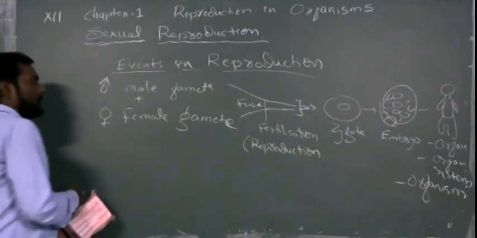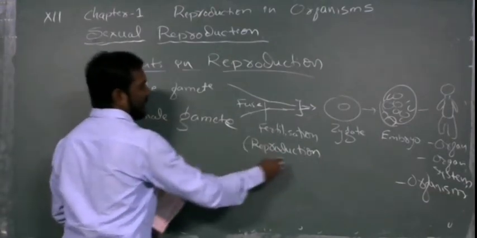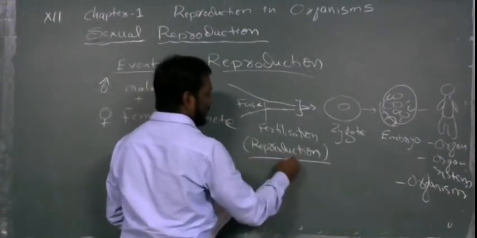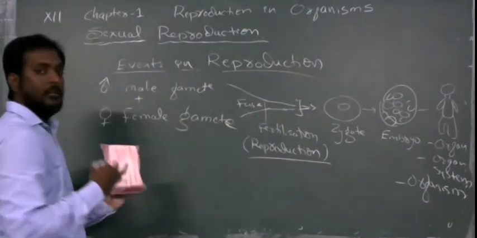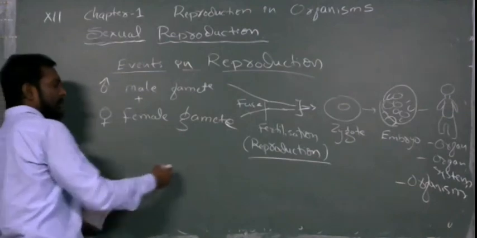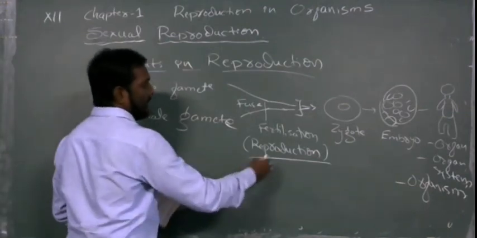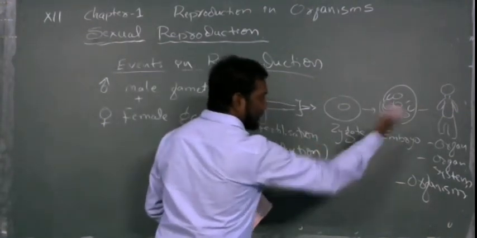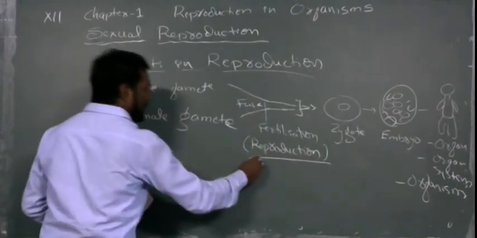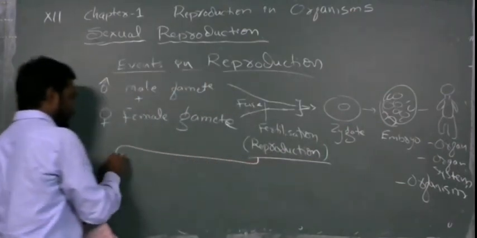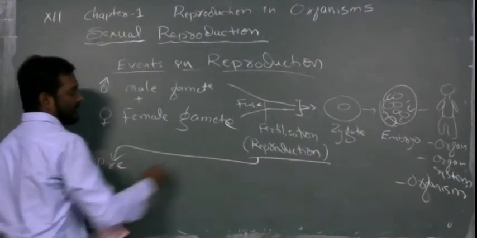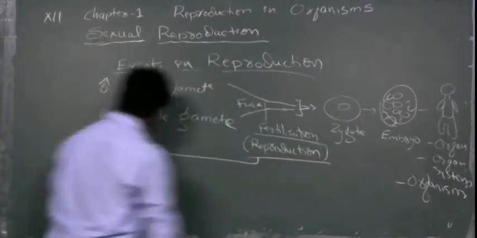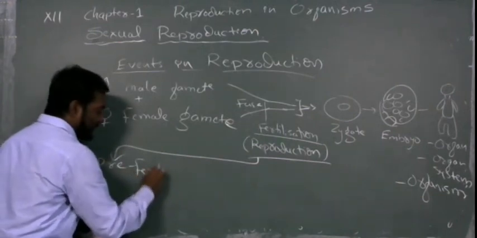Here the major event is fertilization. So this process is called reproductive events. Reproductive events are again divided into three processes: zygote formation, embryogenesis, and organ formation. This reproduction can be seen again in three parts. One, pre-fertilization.